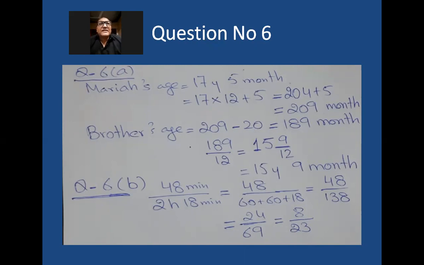Simply you have to cancel the things. But the one problem was that their units were not the same, the numerator and denominator. So you will have to make their units the same. Hopefully you have understood this question. I converted the whole thing into minutes. Then I was able to simplify it. So that was question number 6B part.